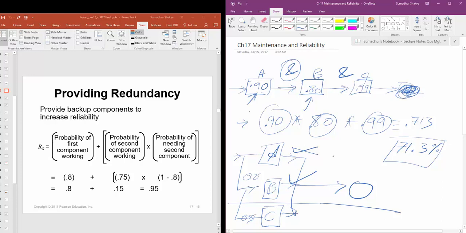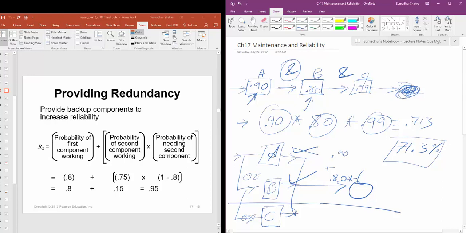The result would be, let's say for A 0.9, plus the probability of success for B, which is 0.80, times the probability that you'll end up using B, which is you'll use B only when A fails.